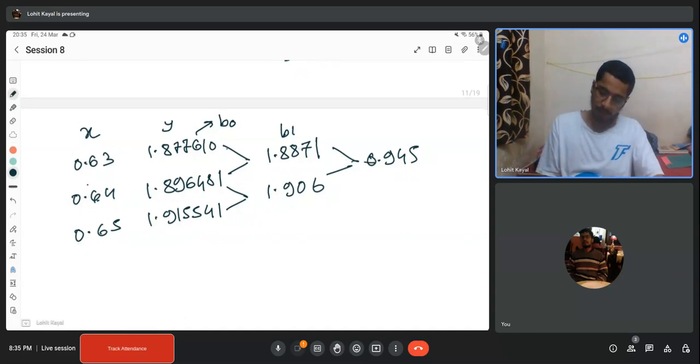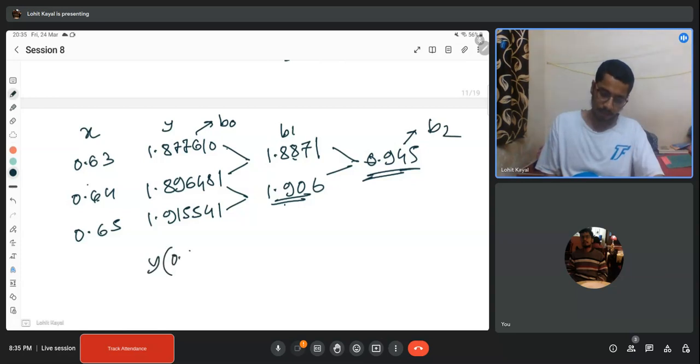It is coming from this term, and the corresponding x is 0.65. Similarly, it is coming from the 1.8871, and the corresponding x is 0.63. So it will be divided by 0.65 minus 0.63. The same idea. So finally, we'll get this result, and this is your B2.